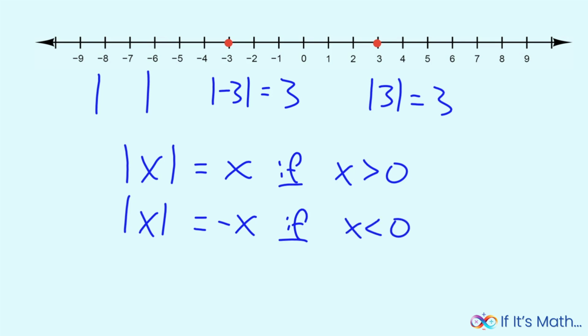So that is the actual definition of absolute value. The absolute value of x is x if x is greater than 0, and the absolute value of x is -x if x is less than 0.